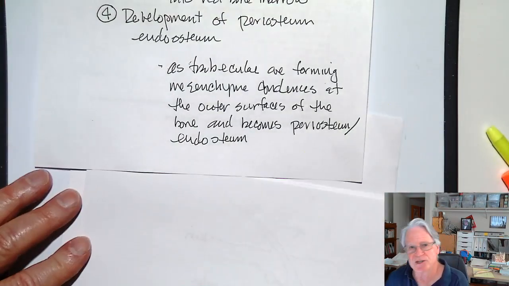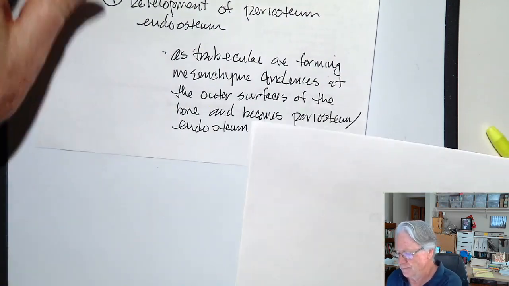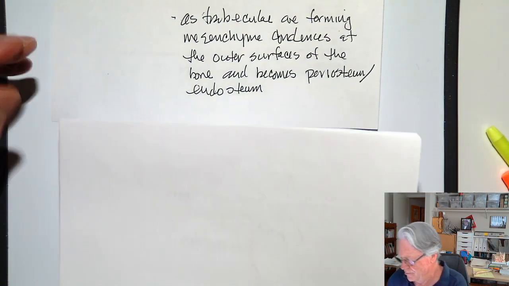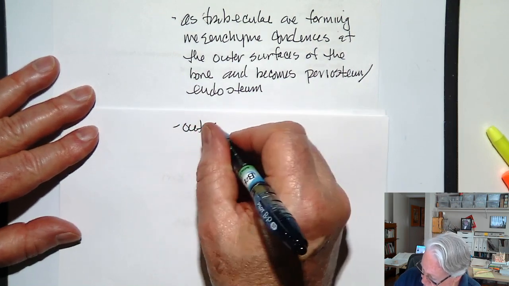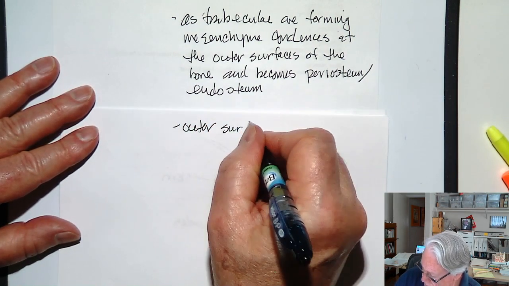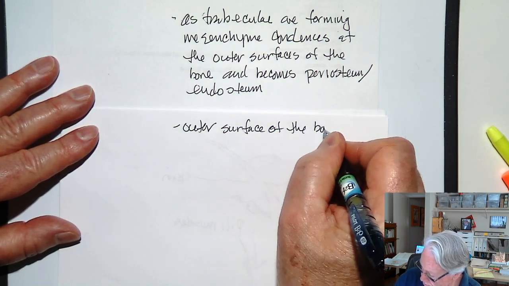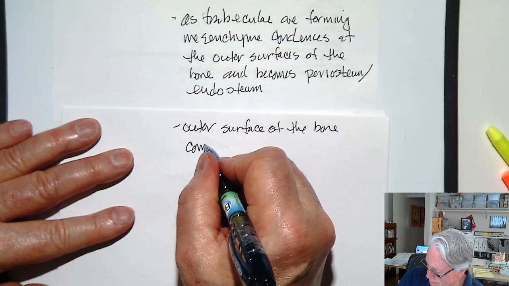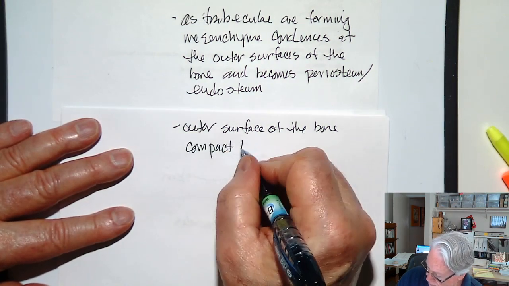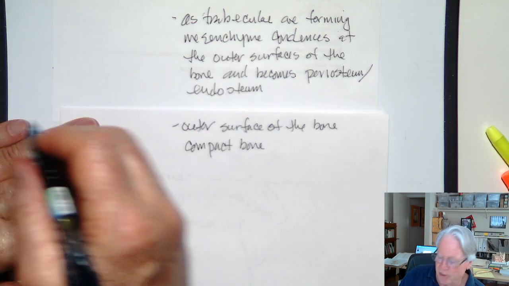For the outer surface of the bone, compact bone is produced under the periosteum.